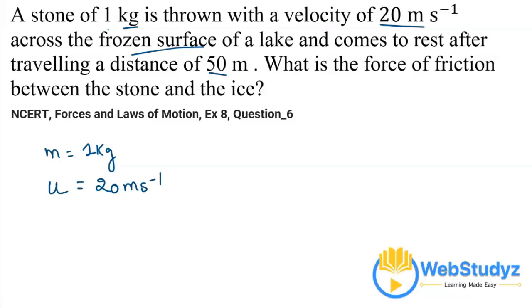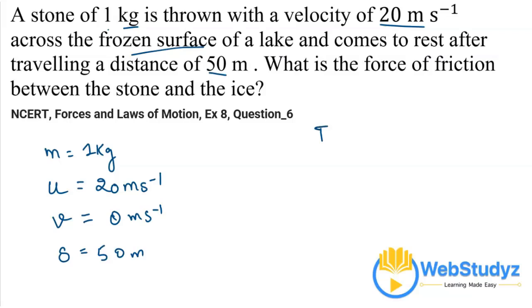And it is said that it comes to rest after traveling a distance of 50 meters. That means the terminal velocity or the final velocity v becomes 0 meters per second, and it has traveled a distance s equal to 50 meters. Now it is being asked, what is the force of friction between the stone and the ice?